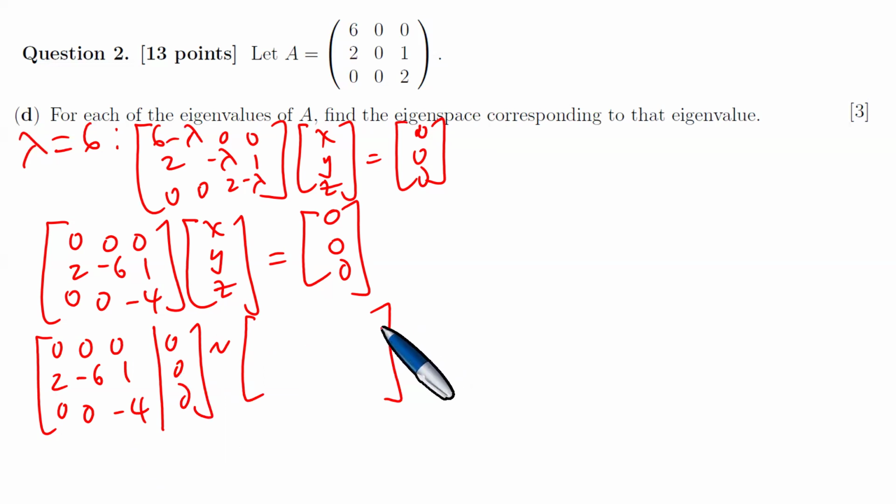So we switch rows 1 and 2, which means you would have 2 minus 6, 1. Let's switch rows 1 and 2, and this 0 must be at the bottom.